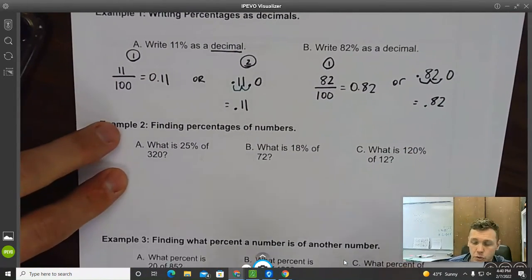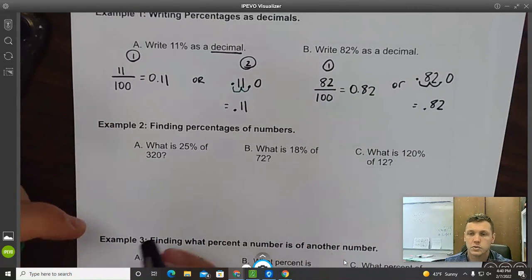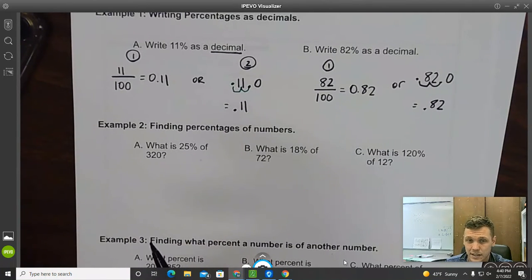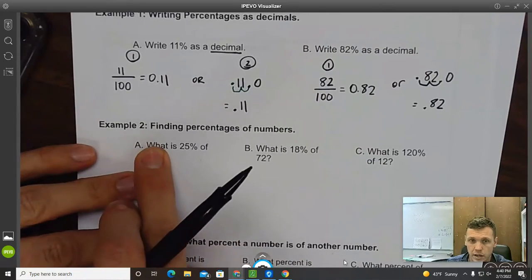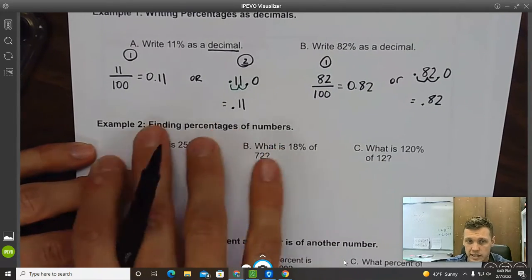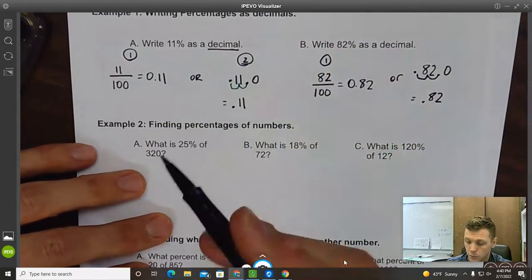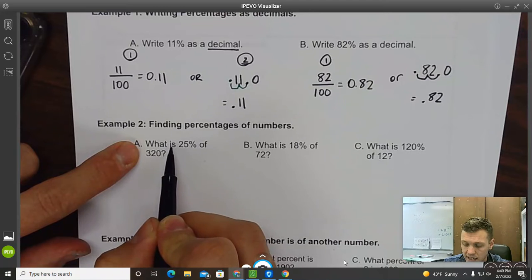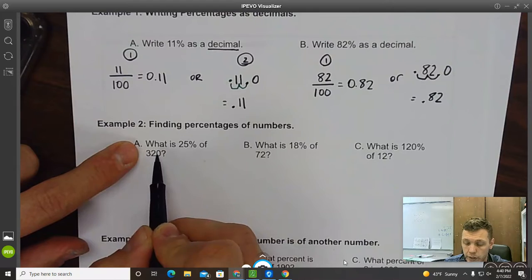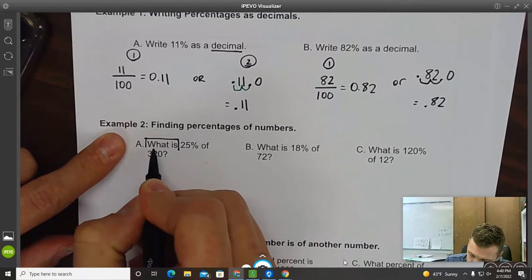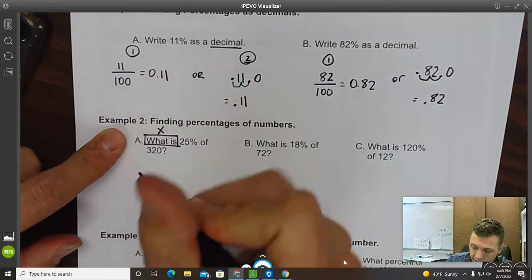Now, example 2, we're going to find percentages of numbers. We're going to translate these sentences into math. When the question says what is 25% of 320, what is means we don't know what it is, so that is x.